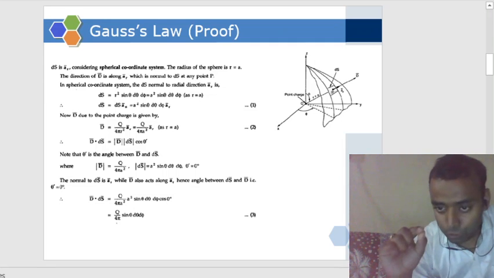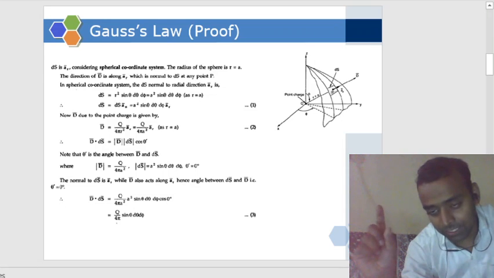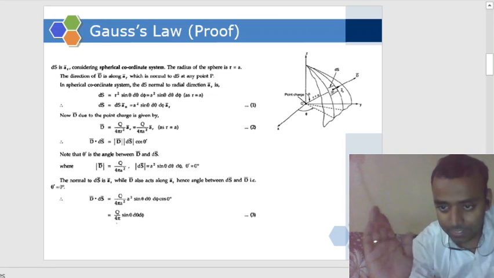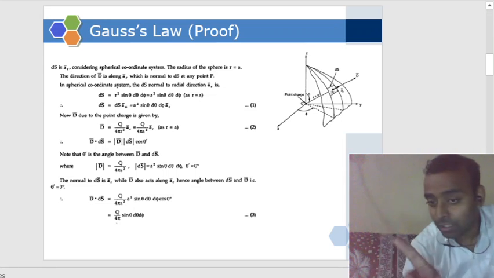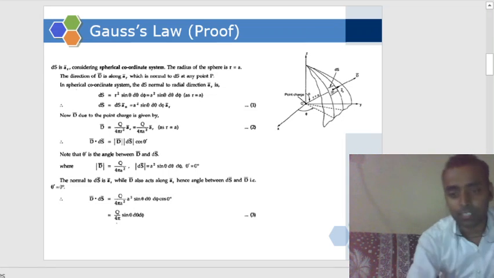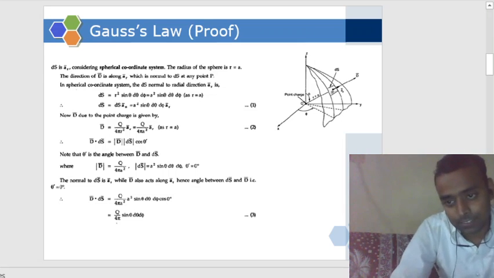The line which joins the point charge at the origin to that differential surface area is equal to the radius of the imaginary sphere. The direction of the flux density D will be along the radius, isn't it?